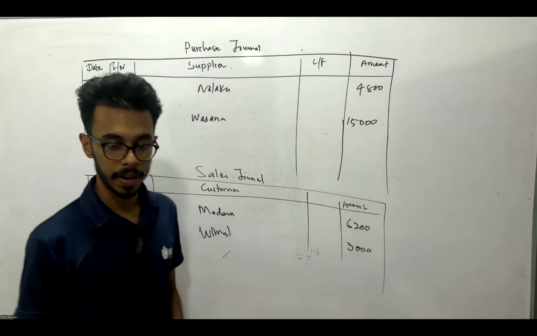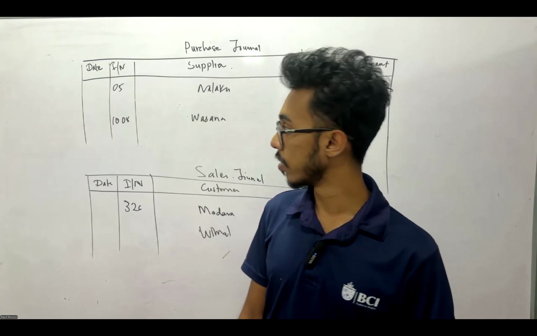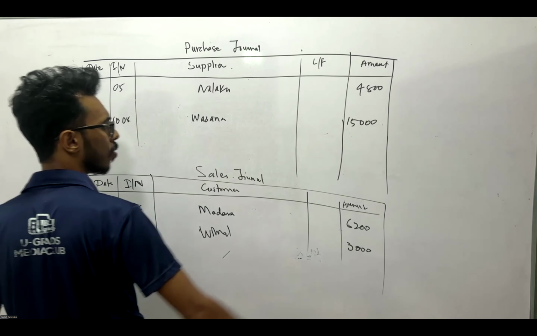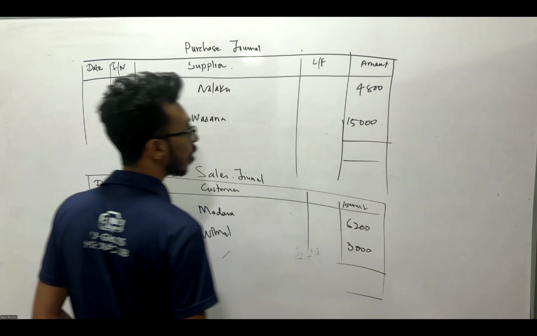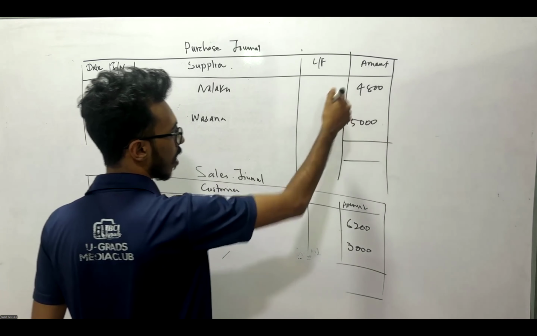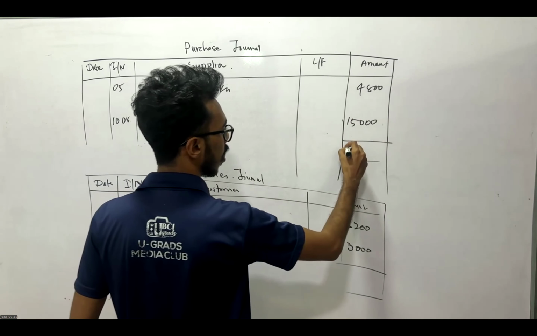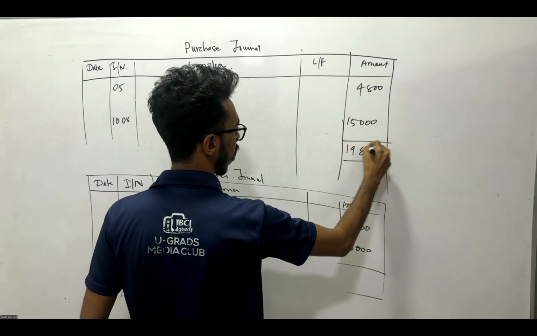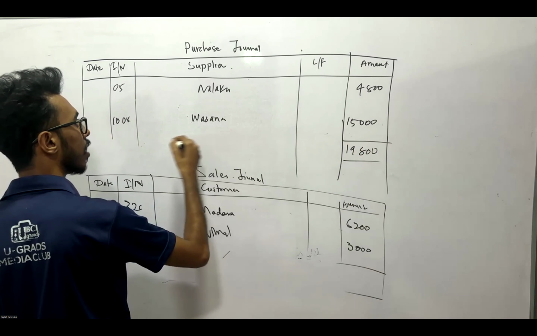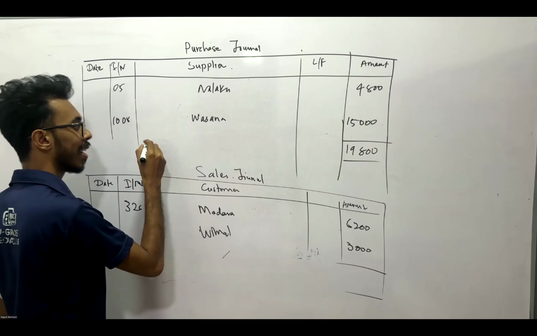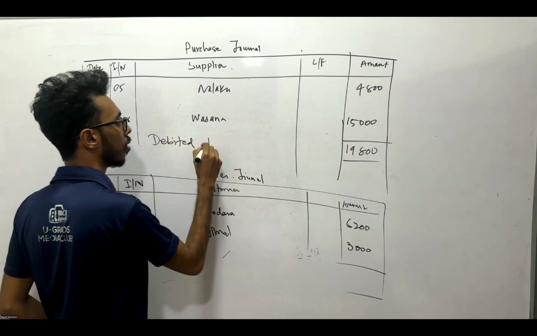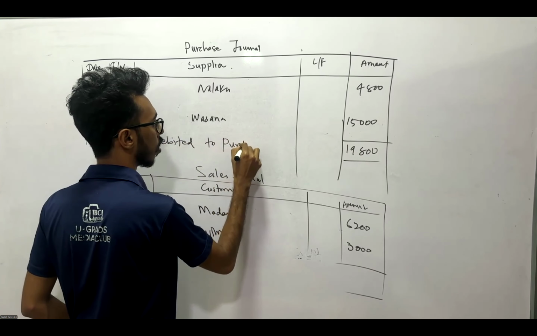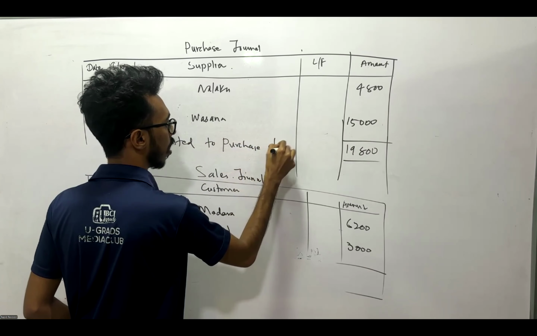What they are asking is to prepare the purchase journal and sales journal. The simple thing is to get the final totals. If you add 4,800 to 15,000, it will be 19,800. This 19,800 from the purchase journal will be debited to the purchase account.